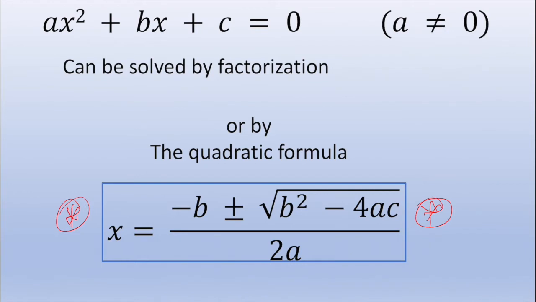It's given in the formula sheet. So x equals minus b plus or minus square root of b squared minus 4ac over 2a. So a is the coefficient of x squared, b is the coefficient of x, and c is a constant.